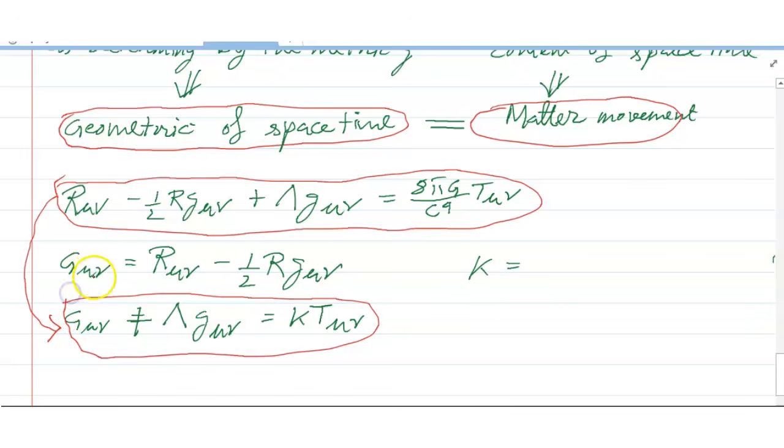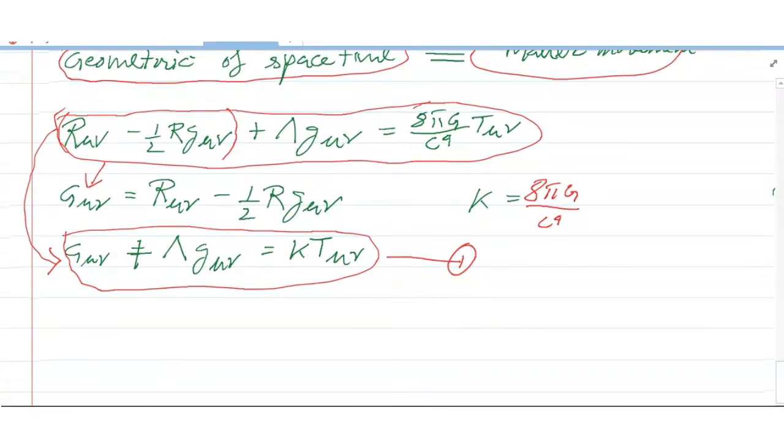Because this portion is the G mu nu, and this portion k is equal to 8 pi G over c to the power 4. So this is another alternative way I can write it.